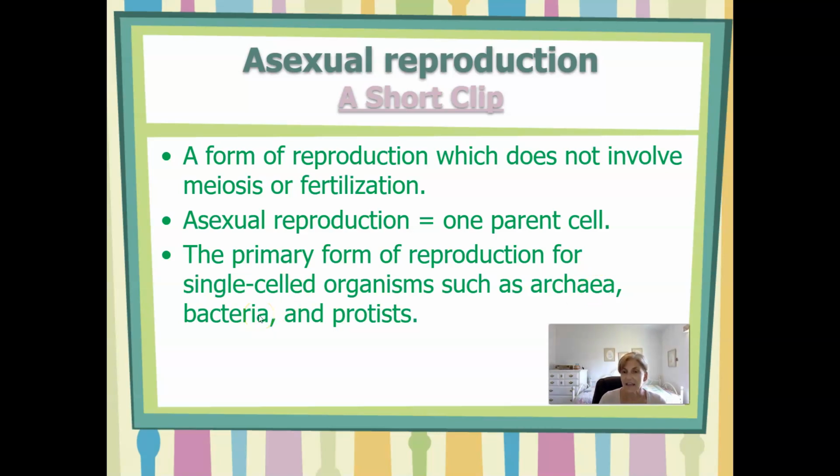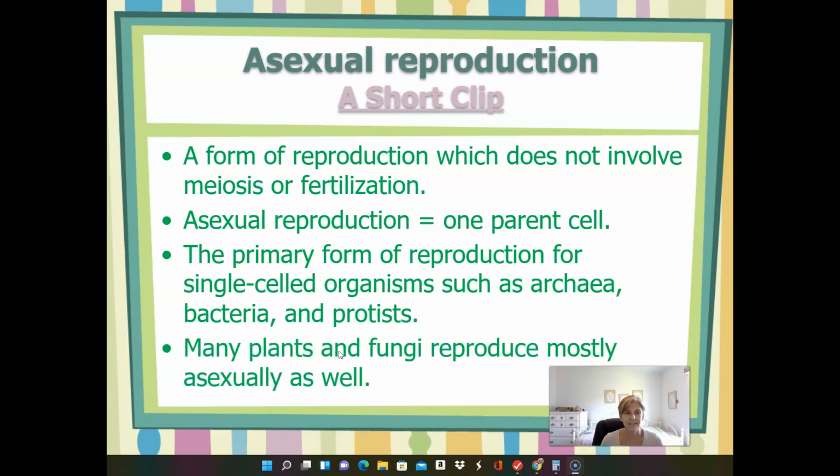Any bacteria like E. coli and many of our protists like amoebas, parameciums, those little unicellular organisms that live in ponds. I'm also going to show you how some plants reproduce asexually, and this is true of fungi as well.